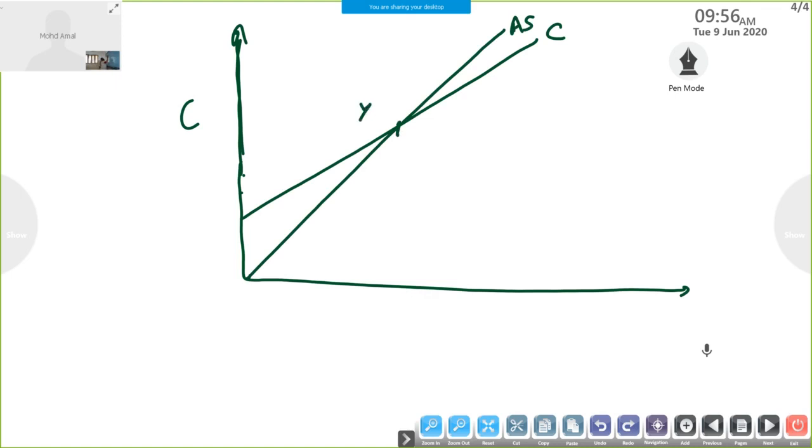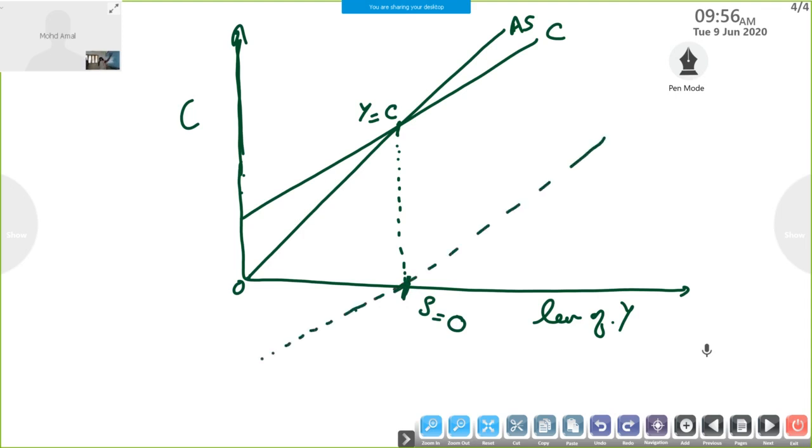This shows Y is equal to C. From here we can derive, anyway this is our income, level of income or GDP or national income. So this shows S is equal to 0 or break even point from here. We derived saving curve. This is minus C dash, this is C dash.